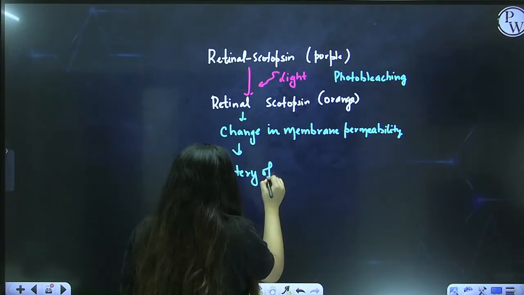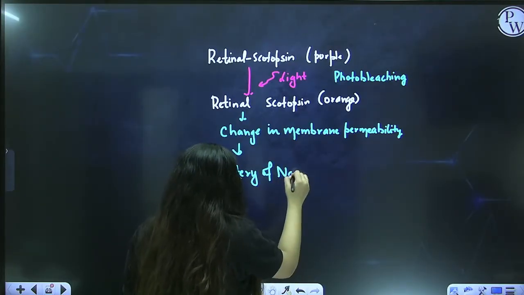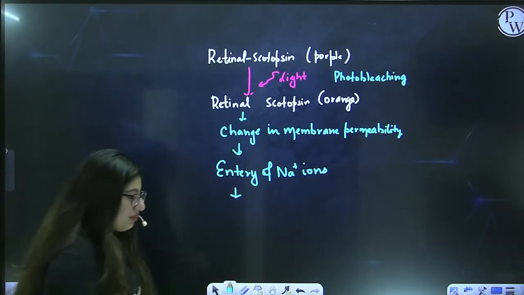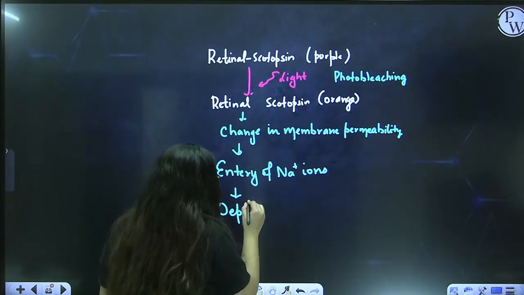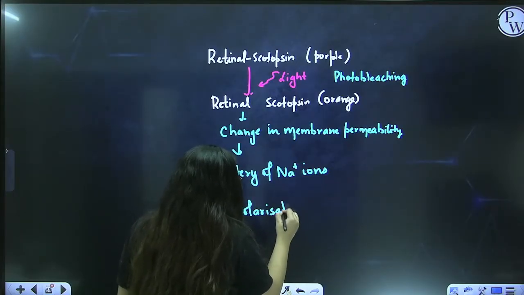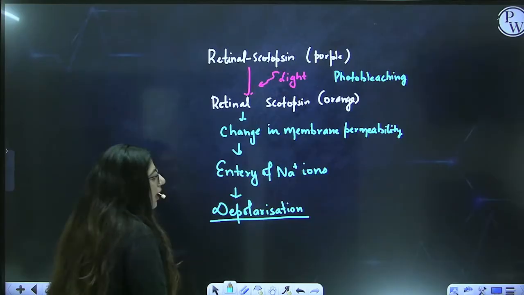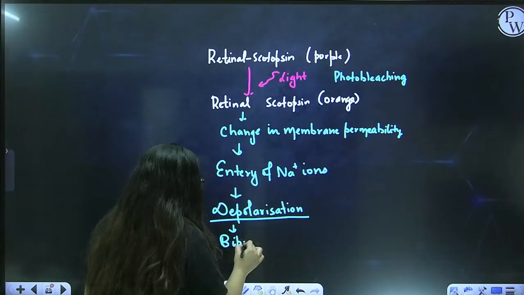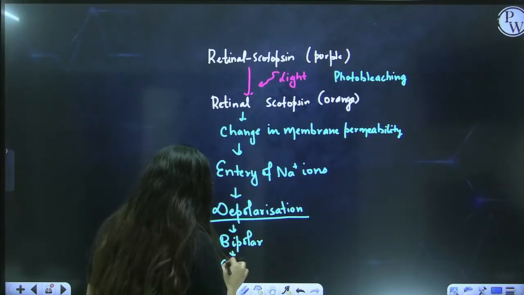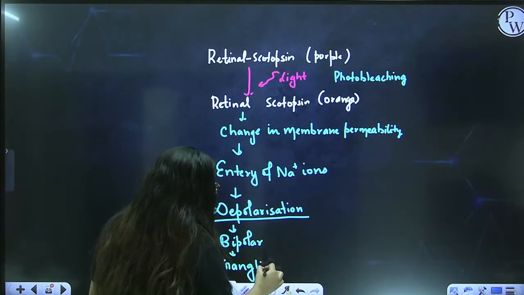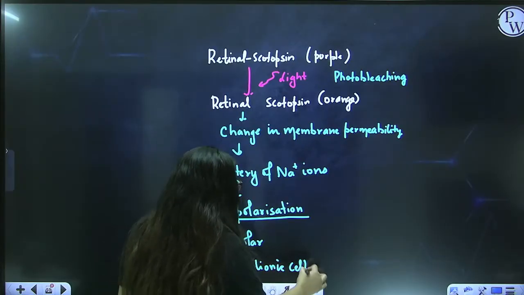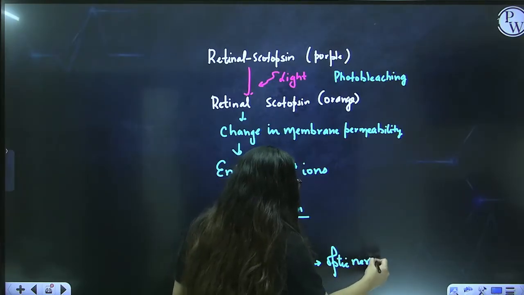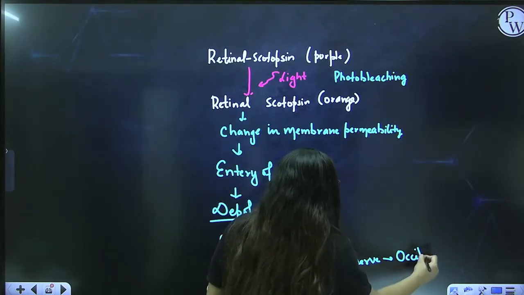And when the sodium ions enter inside the cell, what happens, guys? Depolarization. And hence an action potential is created. This will send a signal to the bipolar neuron, and the bipolar will send it to the ganglionic cell. Because all these are related to each other with synapses, this will send information to the optic nerve, and via the optic nerve this will go to the occipital lobe of the cerebrum.